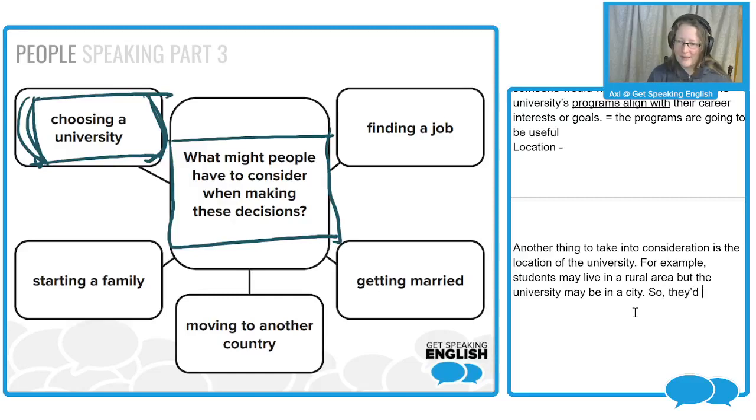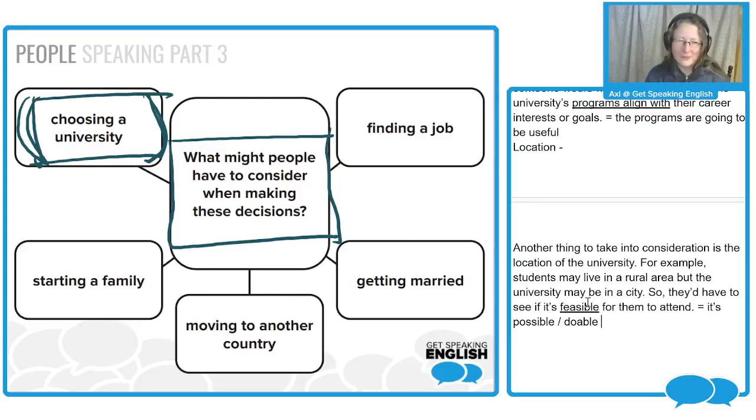So they'd have to see if it's feasible for them to attend. And feasible is a great word here. It's feasible, as in it's possible, doable. Yeah, so they have to see if it's feasible for them to attend, maybe. So that could be something.